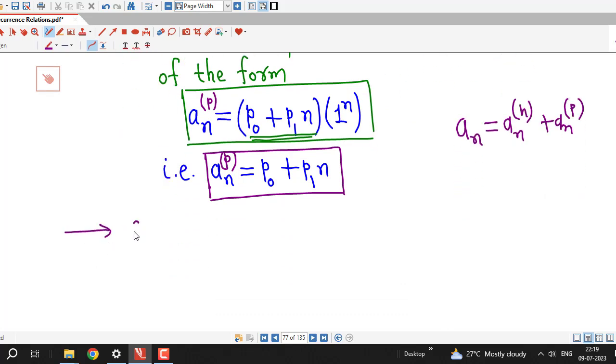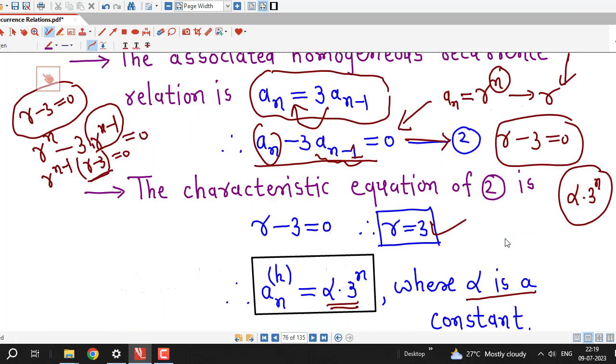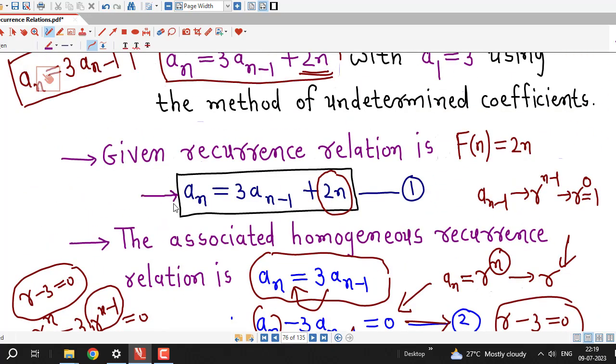So in the next step we write that since anp is a solution of the given non-homogeneous recurrence relation, we can replace an by anp in the given non-homogeneous recurrence relation, because now we have assumed that anp is a particular solution of this recurrence relation. Therefore we can substitute, or we can replace, an by anp.